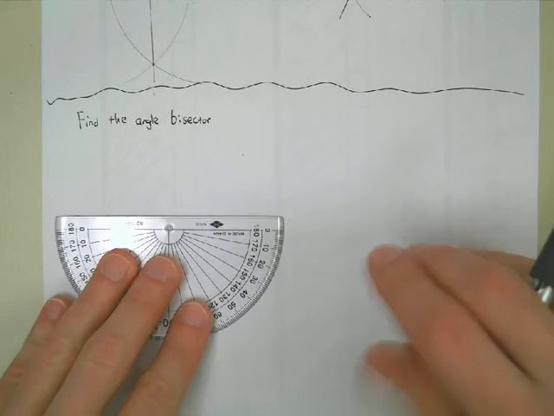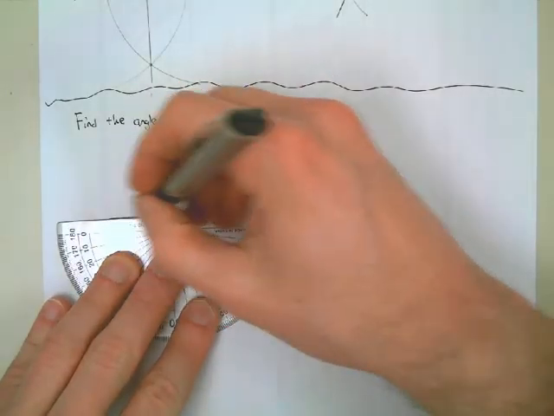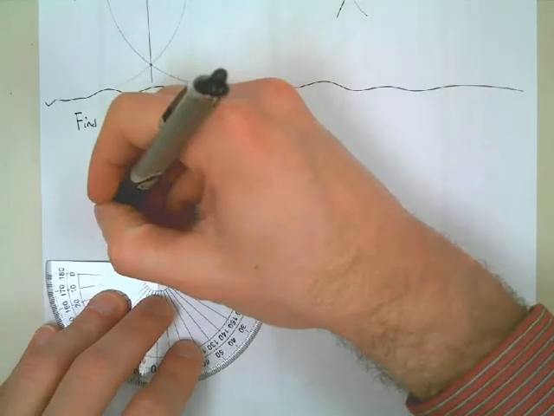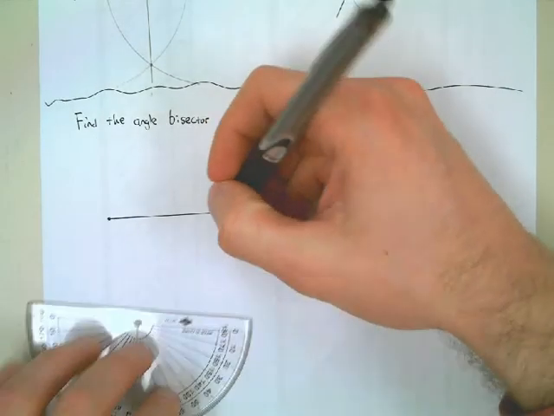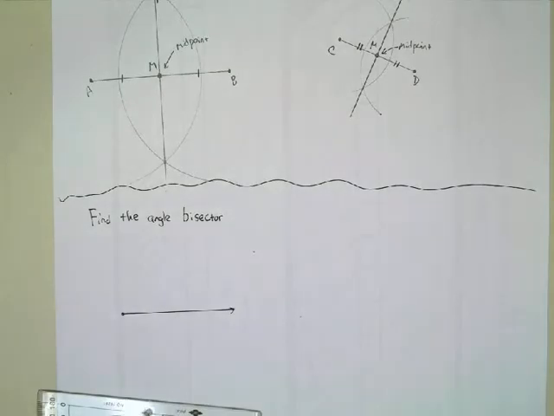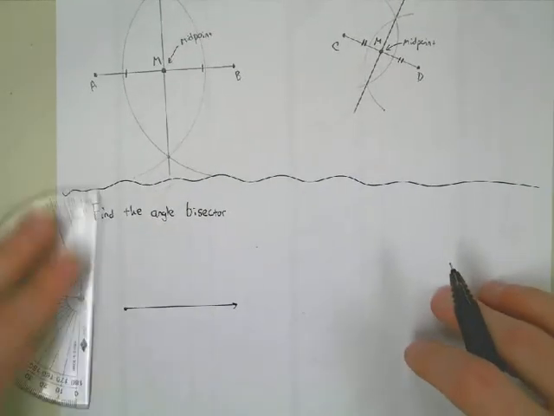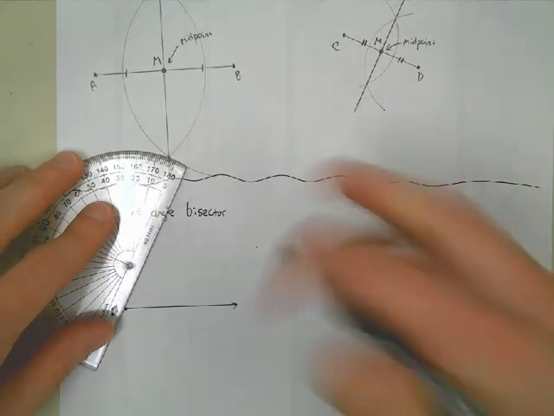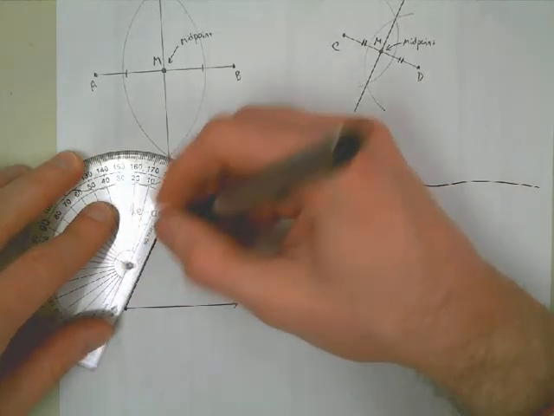We did a perpendicular bisector, or a bisector of a segment. Now we're going to cut an angle in half. Let's draw an angle here. Again, I would suggest you start with an acute angle, just because it makes things a little bit easier when you have an acute angle.